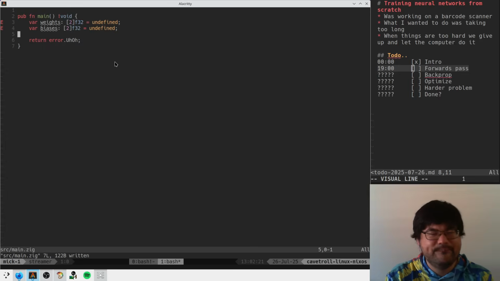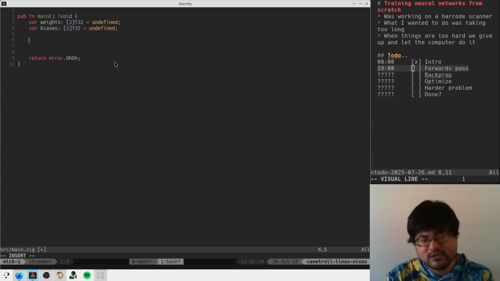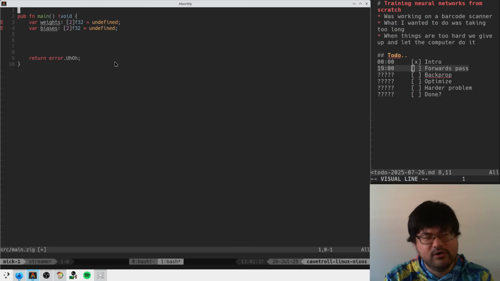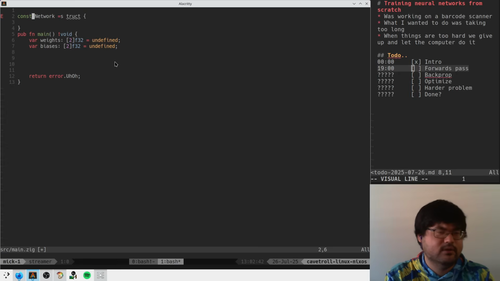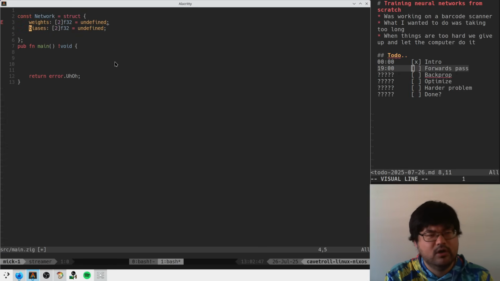And then what are we doing with these things? I guess we have 2 numbers. So I guess we'll take these from standard input. No. We'll have to take these from somewhere. So maybe we define a network. That feels a little more reasonable, with some weights and some biases. Okay, and then we can use this network for training somewhere and then for execution later, right?